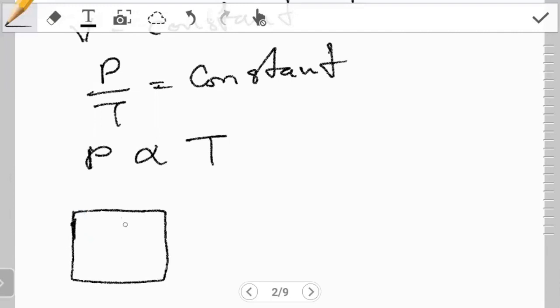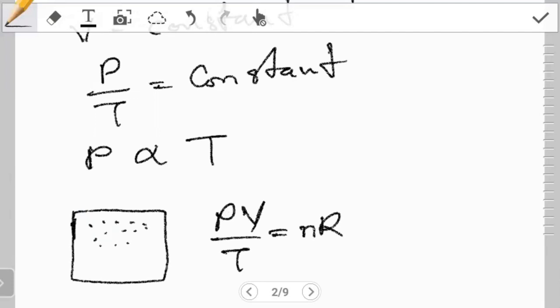Again, we're starting with the ideal gas equation itself, PV over T is equal to that constant, R. Let's say it's the same container, the same volume, but then maybe just the temperature is changed. You decide to heat this container.